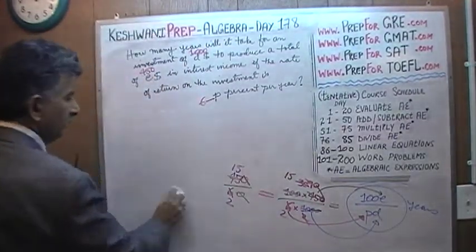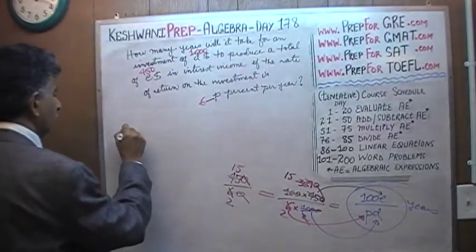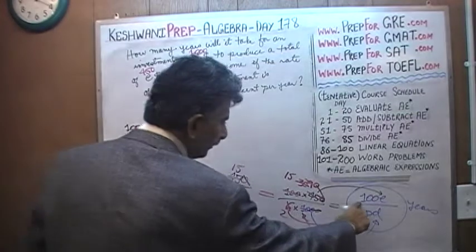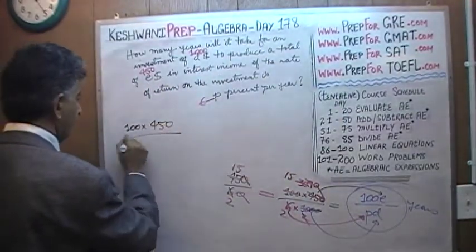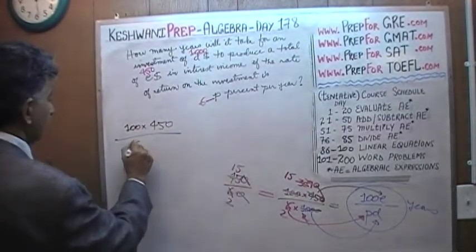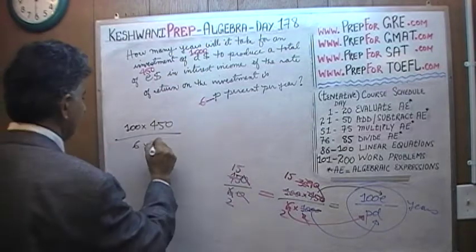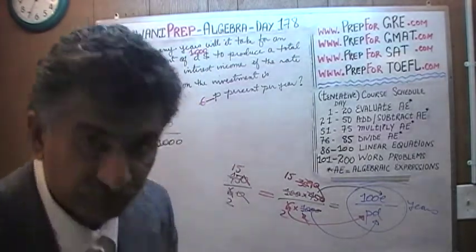I'm going to redo that work. So we have 100 times E, which is 450, over P times D. P, which is 6, times D, which is 1,000. Now watch what happens, the mistake that I made.